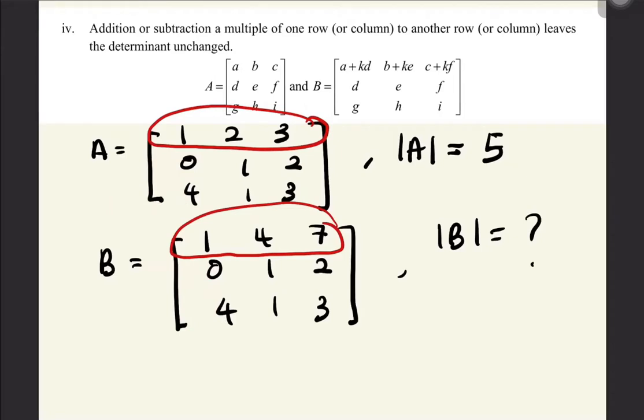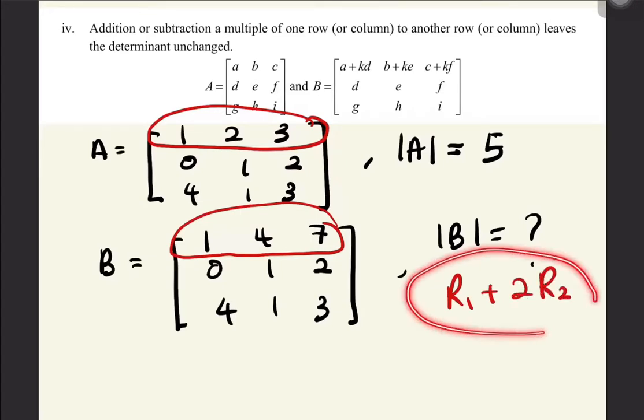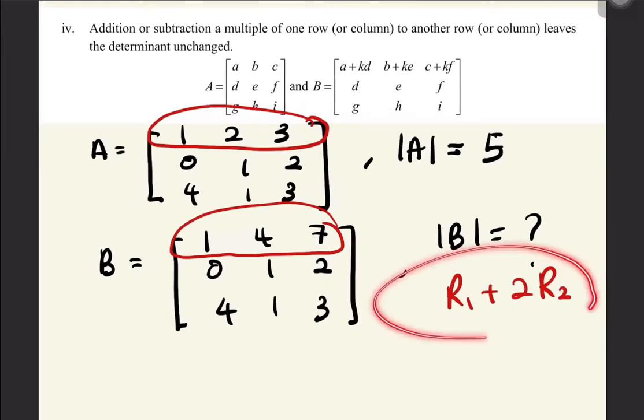So how can matrix B have these values 1, 4 and 7? By using the operation R1 plus 2R2. So in this example, they are using this operation. A different example might use a different operation. Okay, it depends on what you have in your matrix B, and you need to compare it with matrix A.